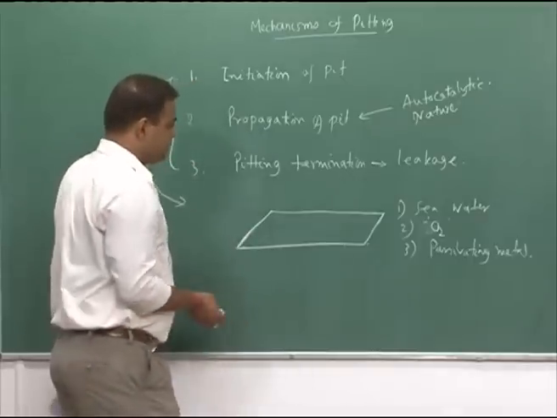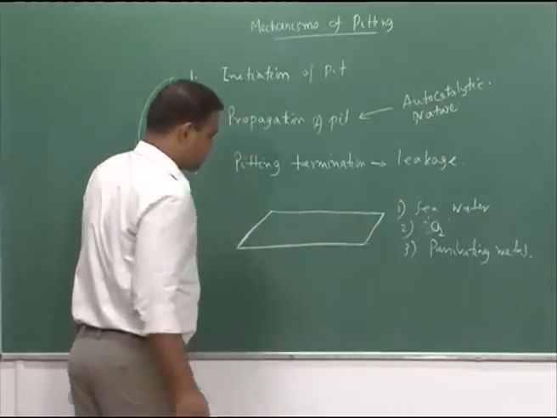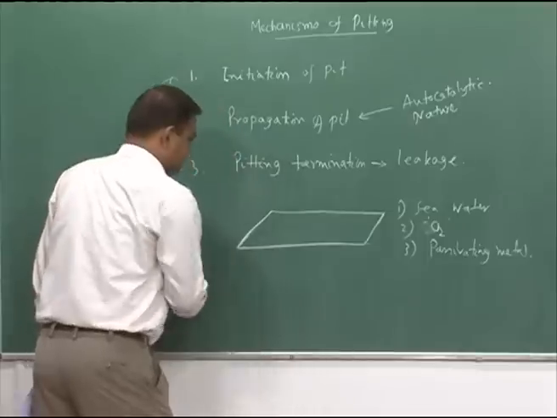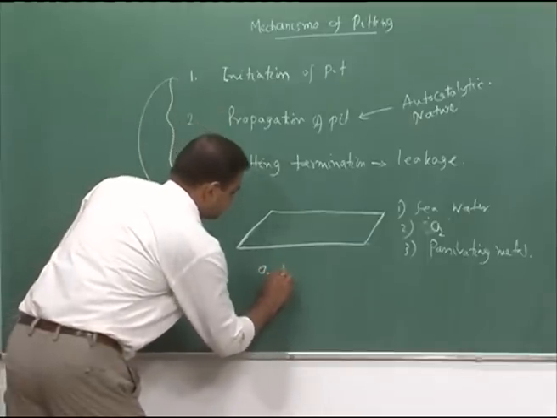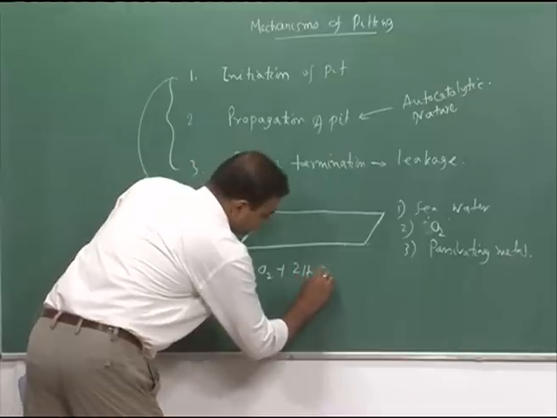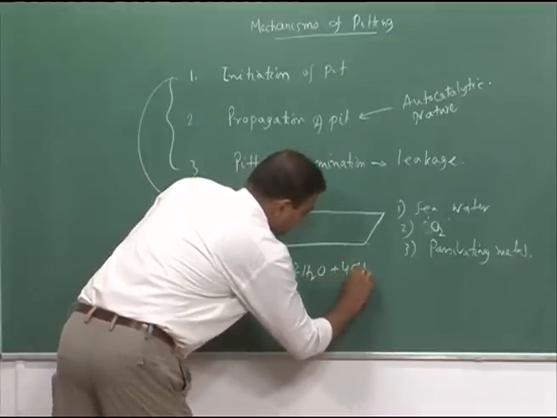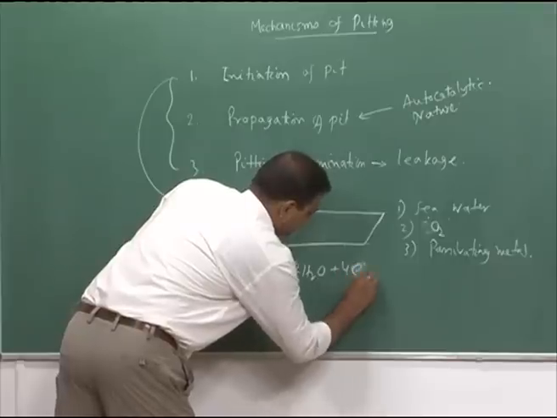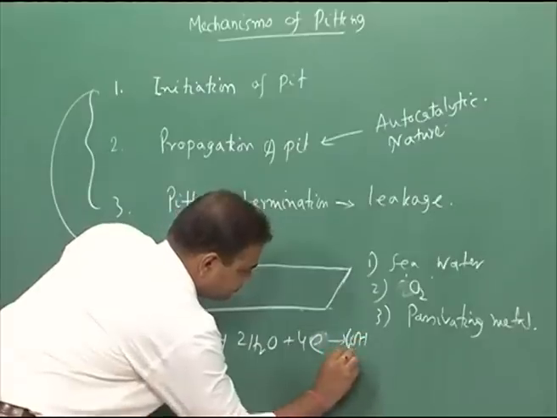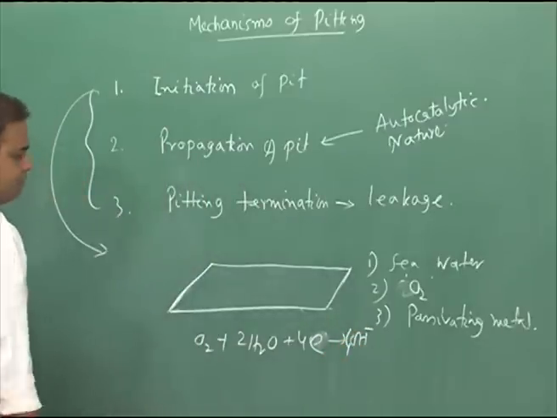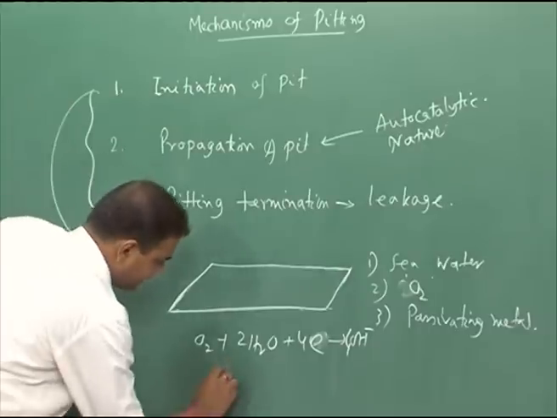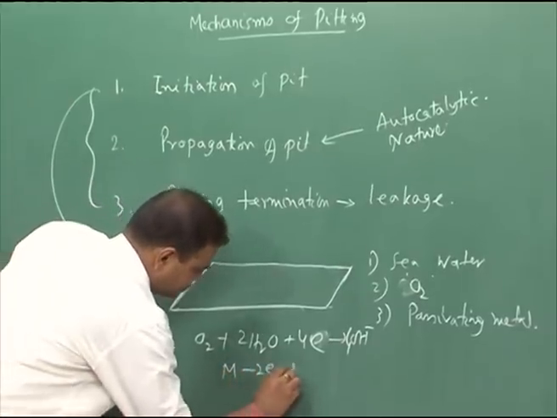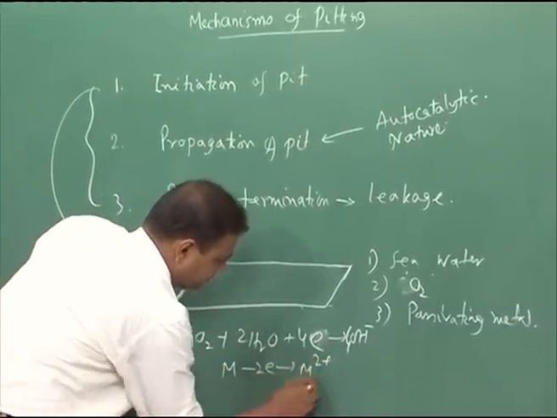So, initially if it is exposed to this solution, there could be a cathodic reaction. The cathodic reaction is, of course, we know, and the anodic reaction would be M going to M2 plus.